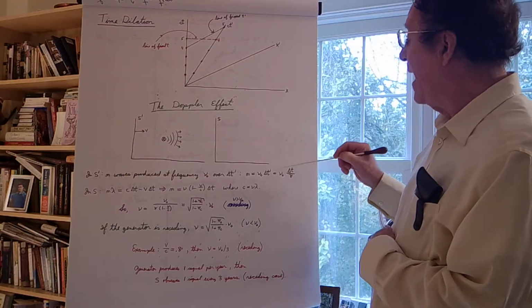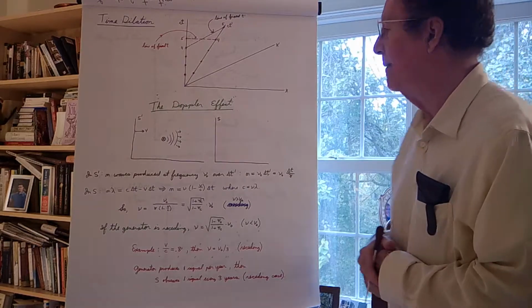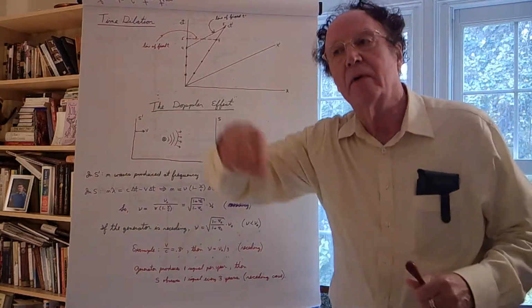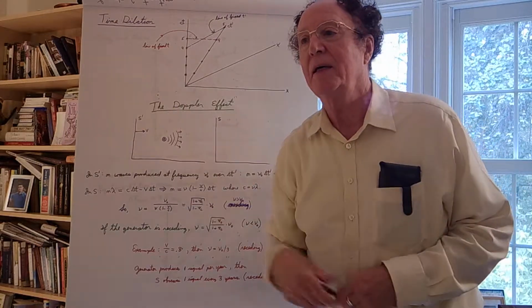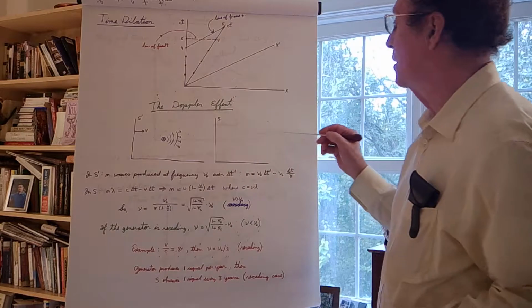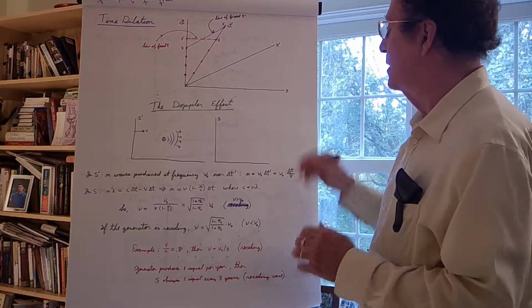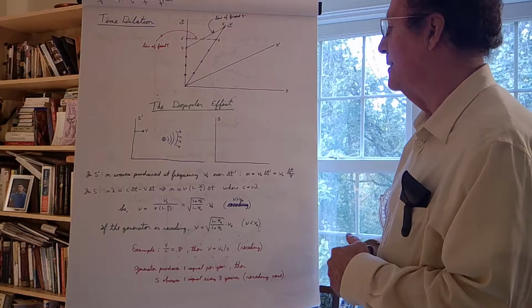That means that n is equal to the frequency times the time interval. So there are a certain number n of waves that come out, and that number n could be observed also in the frame S, which is the lab frame in this particular case.